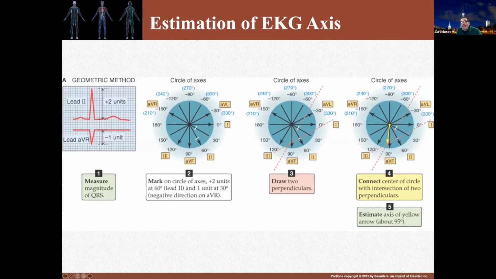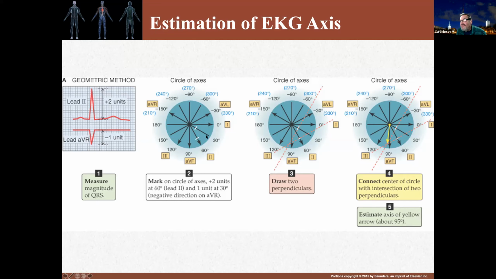So what you do is you first measure the magnitude of the QRS in 2 leads. In lead 2, we're measuring this as an arbitrary 2 units. And at AVR, we have an arbitrary 1 unit of magnitude, but notice that it's negative.